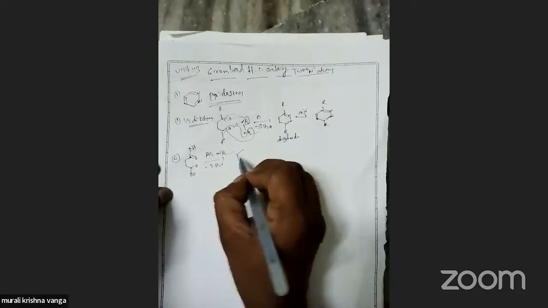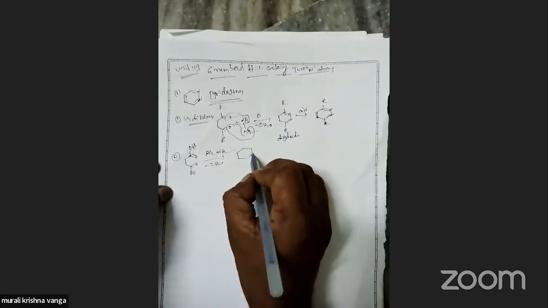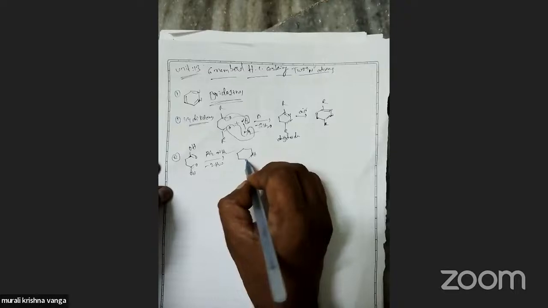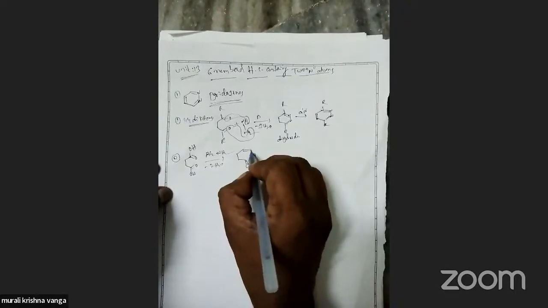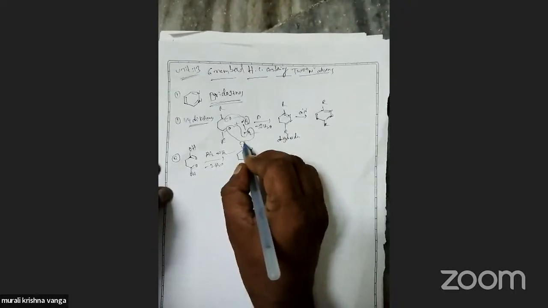Then the product is NH, C double bond O, N, COH. Okay.